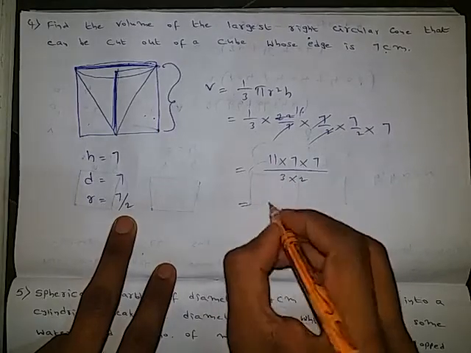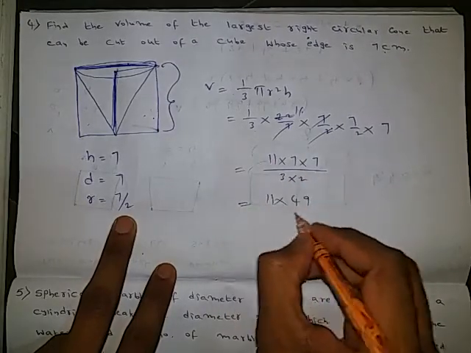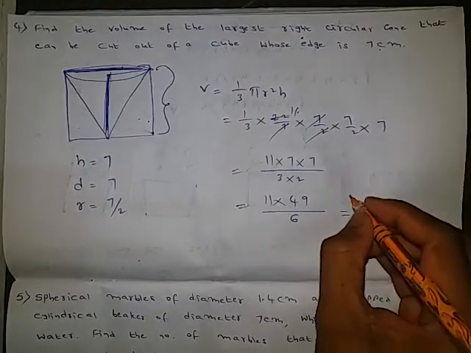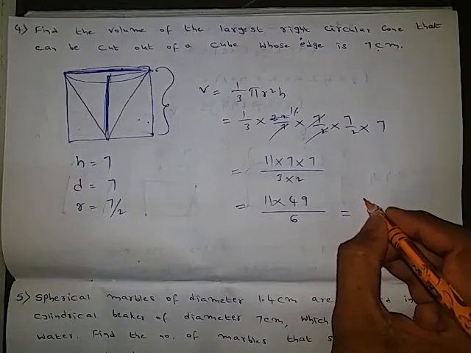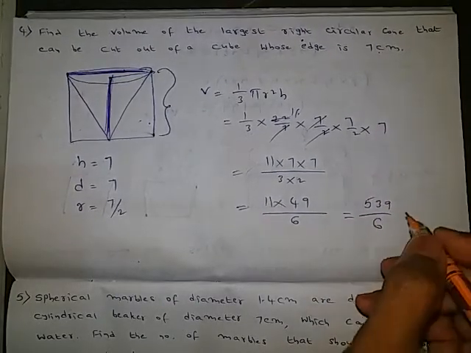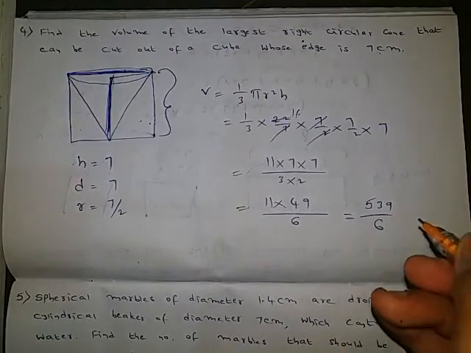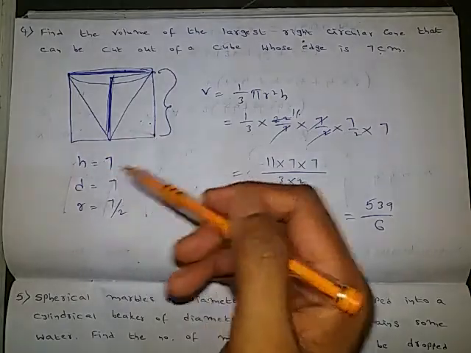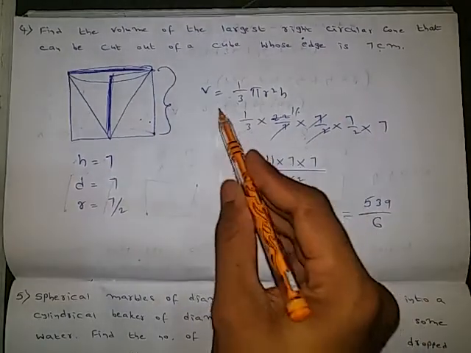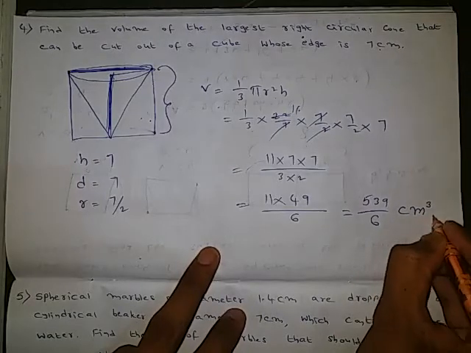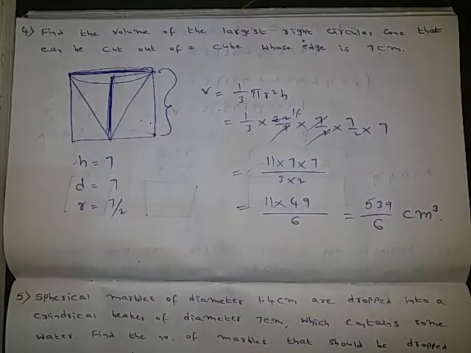That is 11 into 49 divided by 6. 11 into 49 is nothing but 539 divided by 6. So this is the volume of the largest cone which we can cut from the cube. All the measurements are in centimeters and we are finding volume, so it will be centimeter cube.